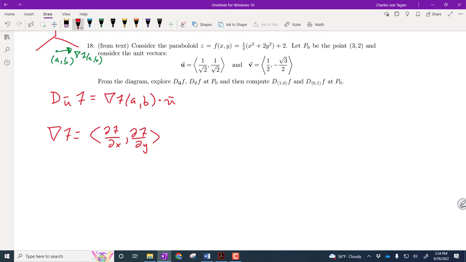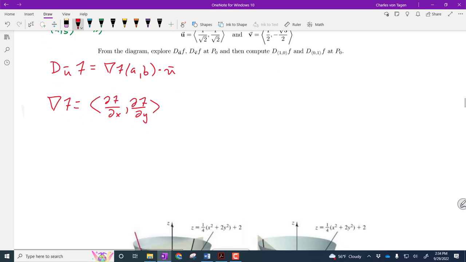And if I have a third variable, the third coordinate would be the partial derivative with respect to the third variable. And so you can take gradients for any multivariable function.